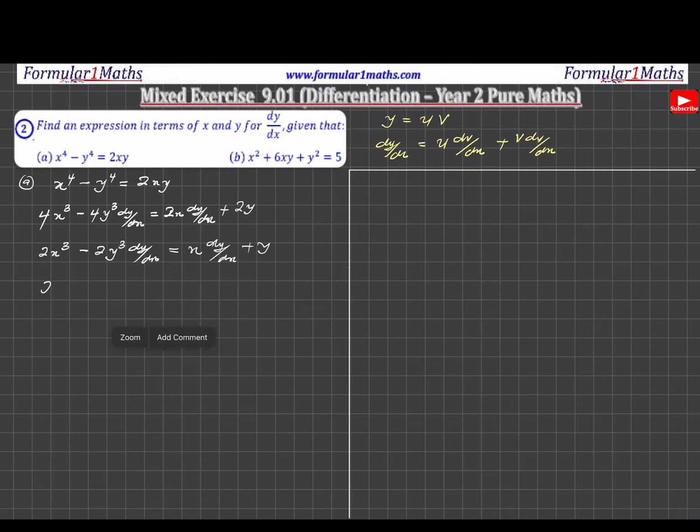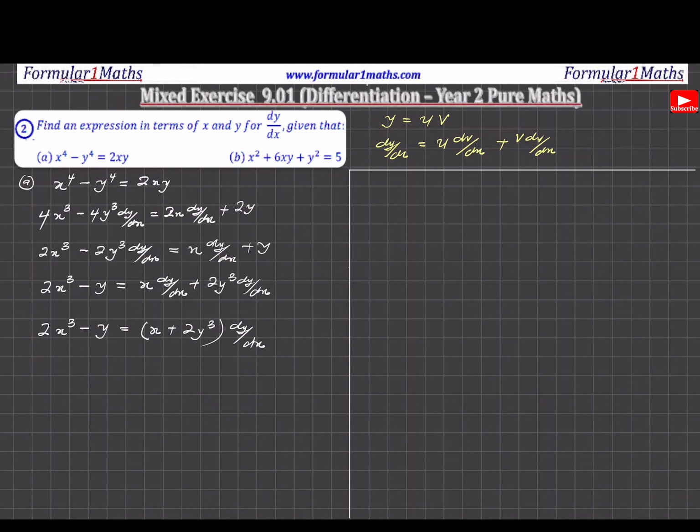Then I will bring like terms together and get the following. 2x cubed minus y is equal to x dy/dx plus 2y cubed dy/dx. Then if I factorize the right-hand side, I'm going to get 2x cubed minus y is equal to (x plus 2y cubed) dy/dx.